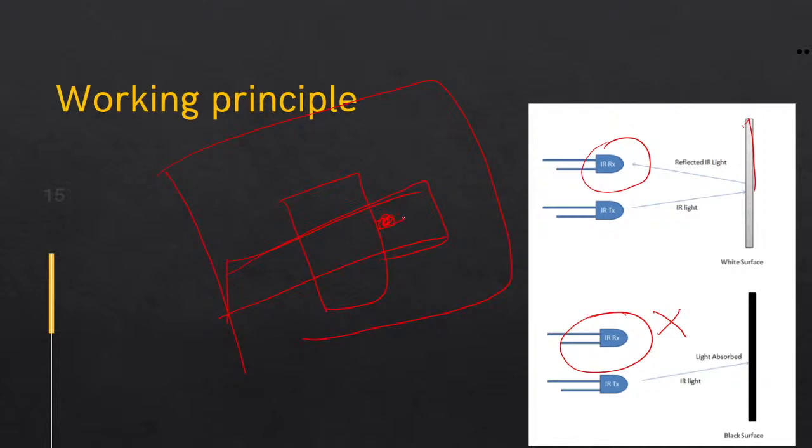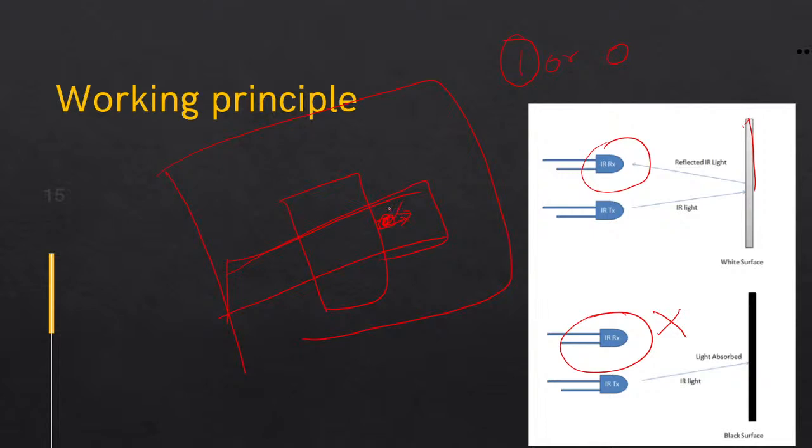If the sensor detects this black color line, it will not receive anything. So it shows 1 or 0 depending on the manufacturer. In most line follower robots I have built, it shows 1 if it is black color, that is, if it does not receive any light.